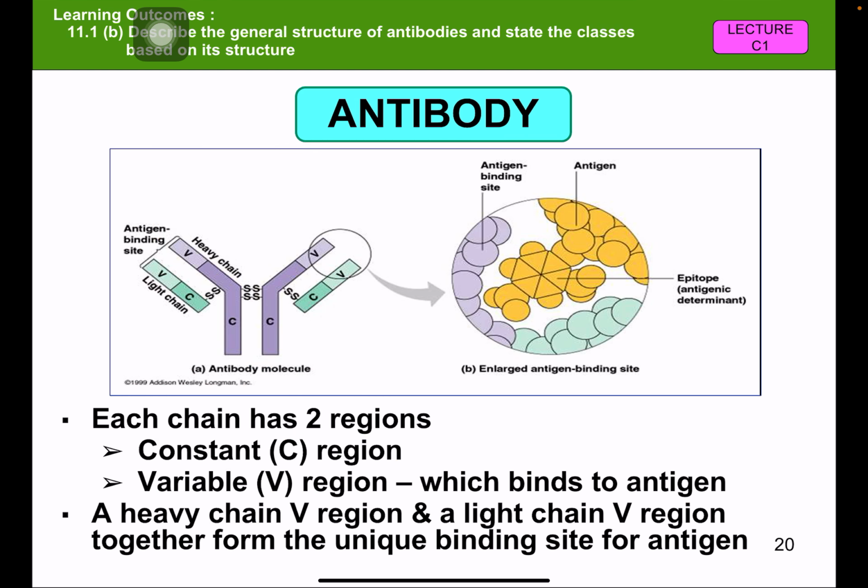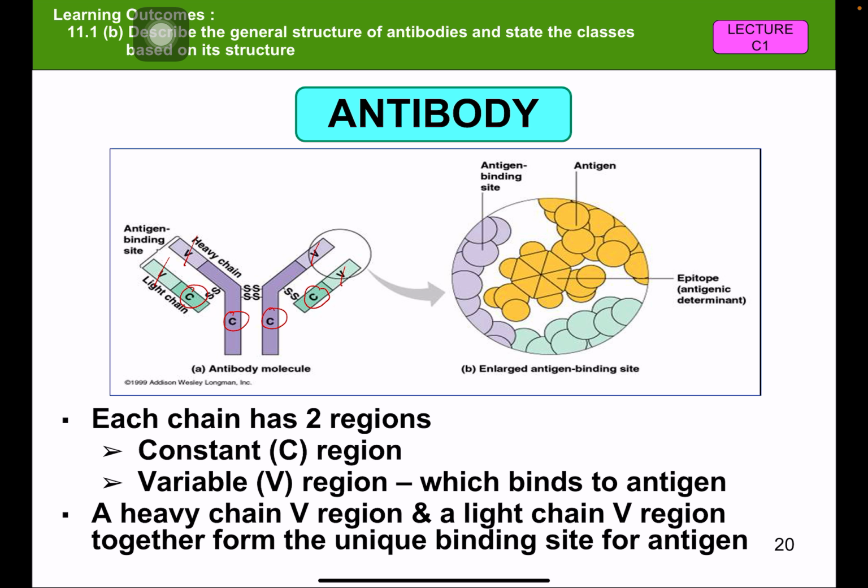Antibody structure has 2 regions, which is the constant or C region. This is the constant region, and it also has the variable region. The variable region is the region which will bind to the antigen.